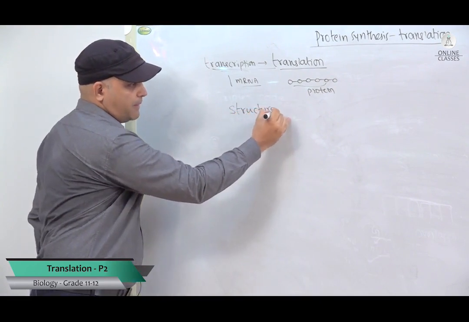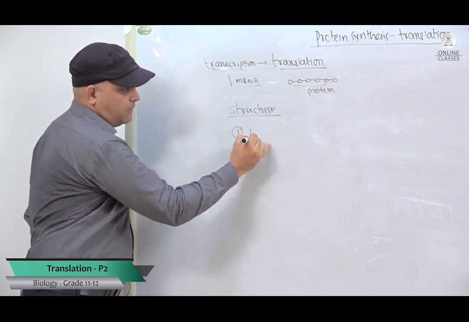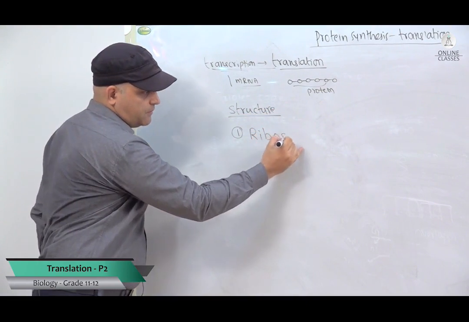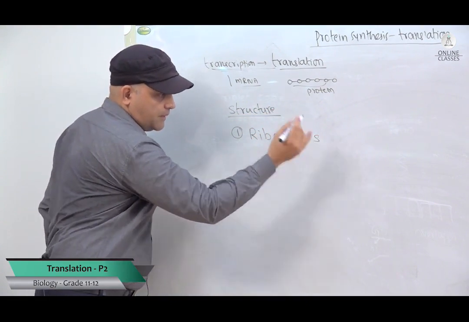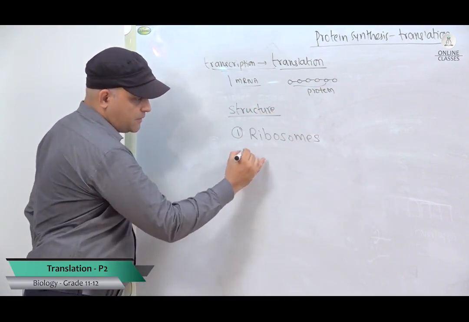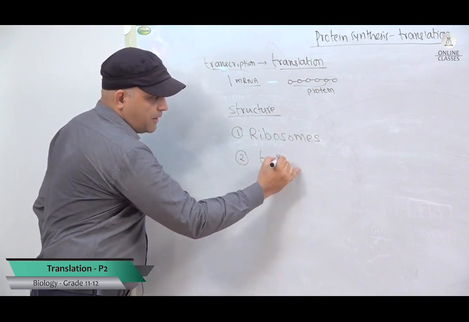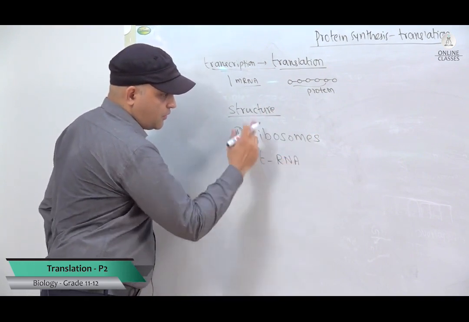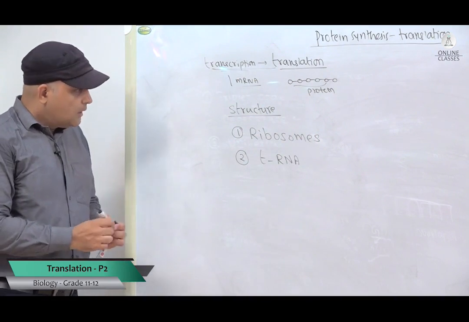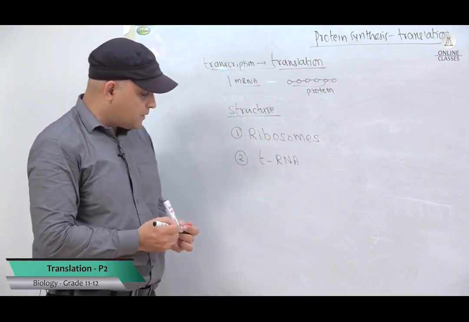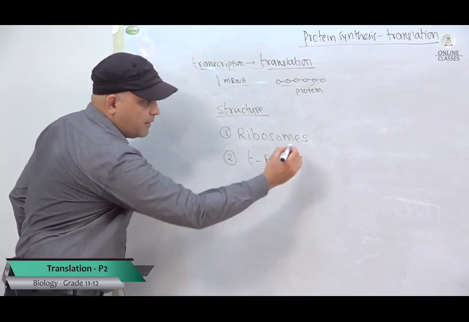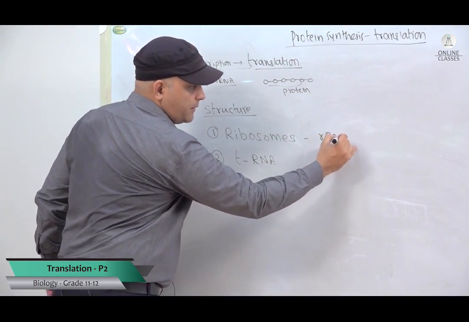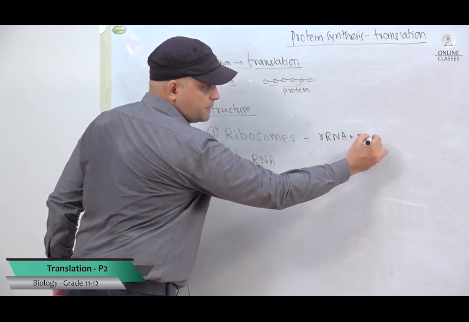Before we go into the details of translation, let us discuss the structure of some important molecules. We'll discuss ribosomes, which are organelles in the cytoplasm that help in protein synthesis. We'll discuss tRNAs, very important structures too. If I talk about ribosomes, ribosomes are made up of rRNA and proteins.